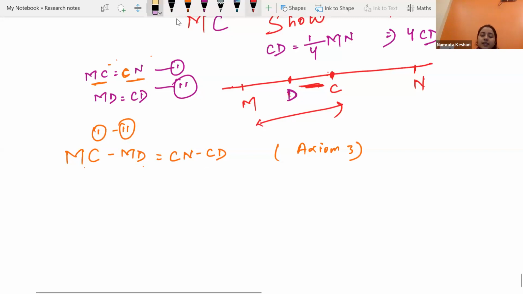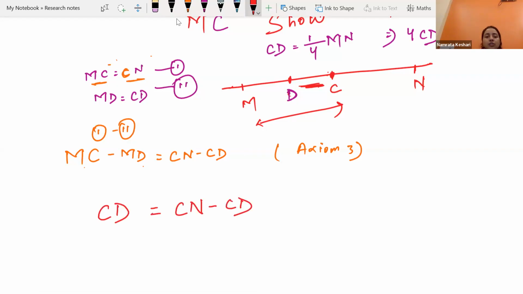So we are subtracting the same from both sides. MC minus CD is MC minus MD is CD, right? And here CN minus CD. So this CD I am taking to this side. We can say 2CD is equal to CN, right?